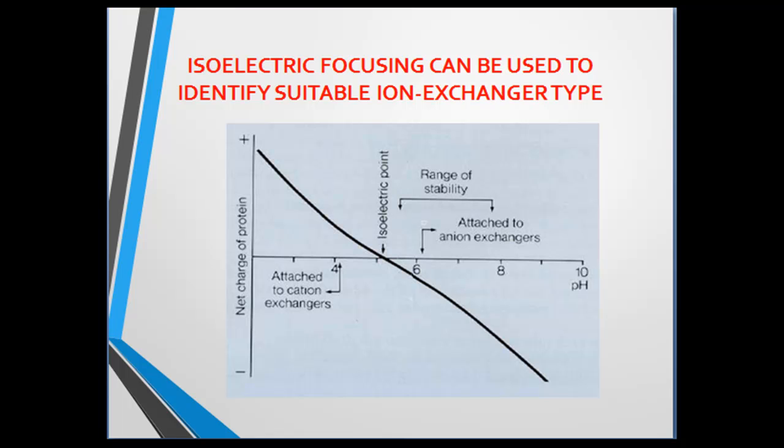Thus, when a compound is stable at a pH above its pI, an anion exchanger support is used. A cation exchanger support is used when the compound is stable at a pH below its pI.